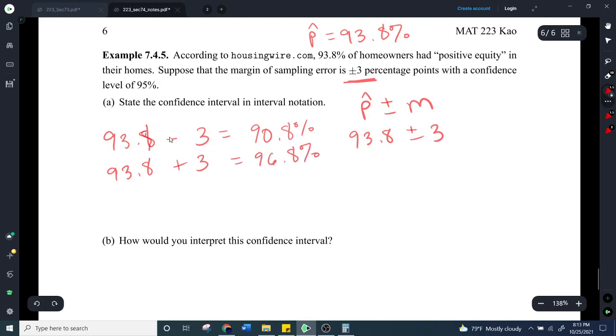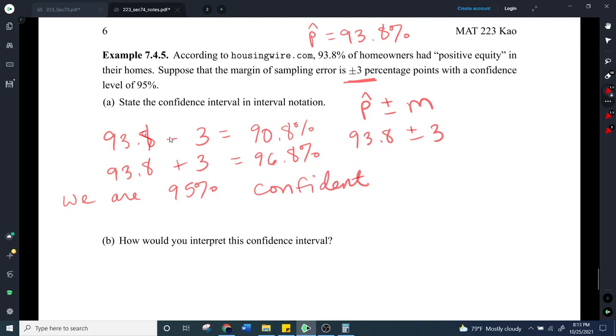So we could say we are 95% confident. If we were to keep pulling sample after sample, 95% of the time we would find that our intervals capture the true population value.